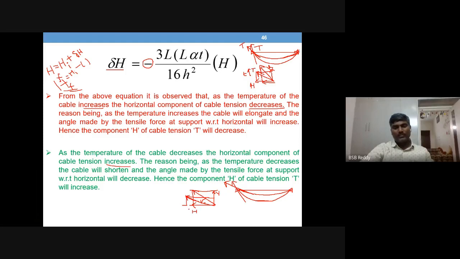So that's why H is increased. If temperature is reduced, H will increase. Opposite relation. Horizontal cable tension will increase. So this is the complete information regarding the temperature effect on cables.